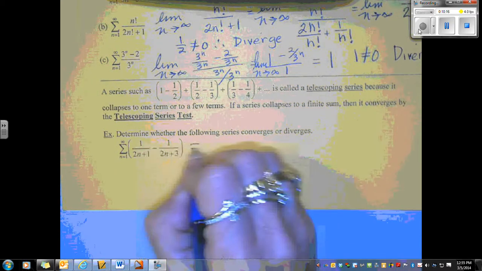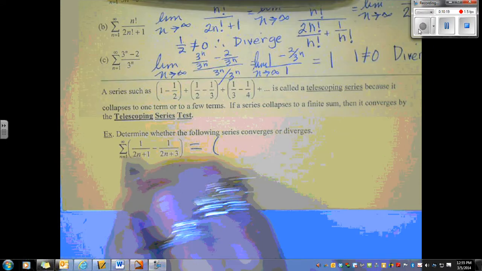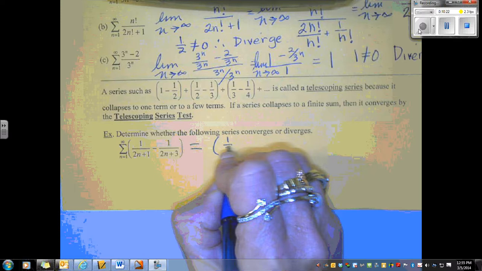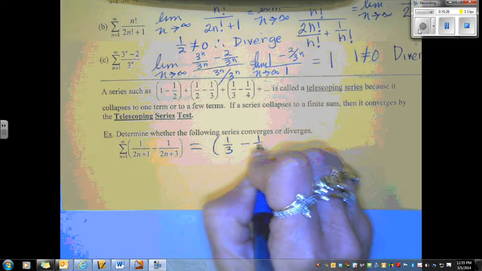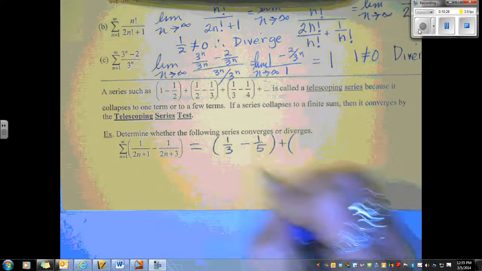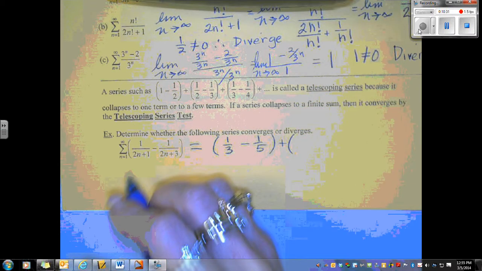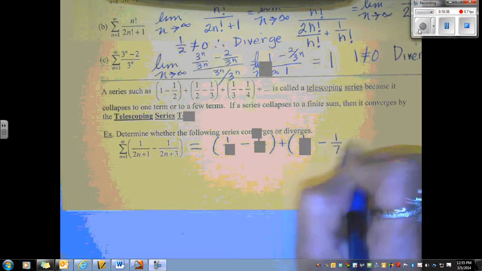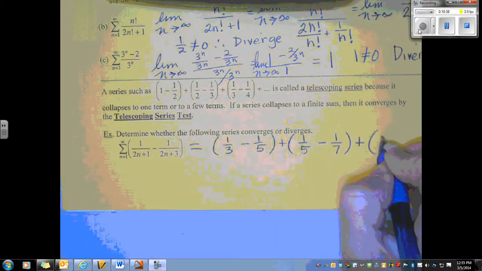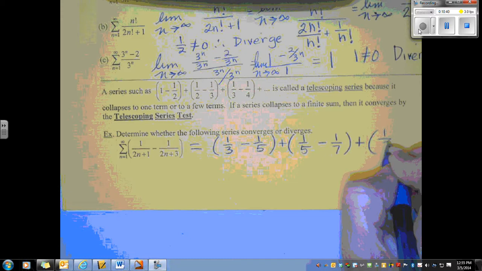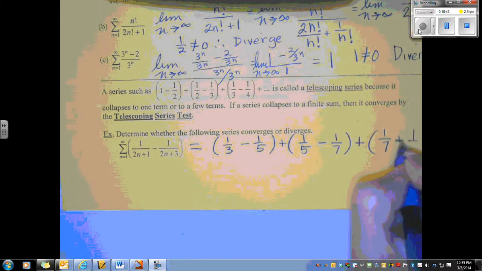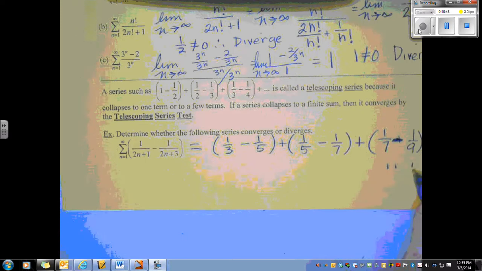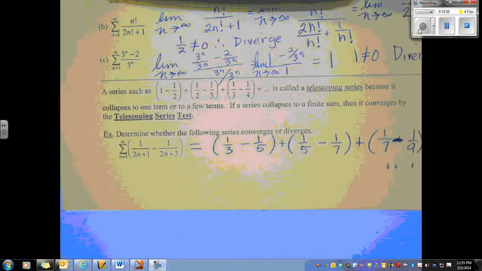Now, all right. If we put 1 in here, what do we get? 1/3 minus 1/5 plus, you have to show what kind of series this is, folks. If I put 2 in here, I get 1/5 minus 1/7 plus, if I put the next one in, 3, I get 1/7 minus 1/9 plus... Okay, now, what's going to happen?